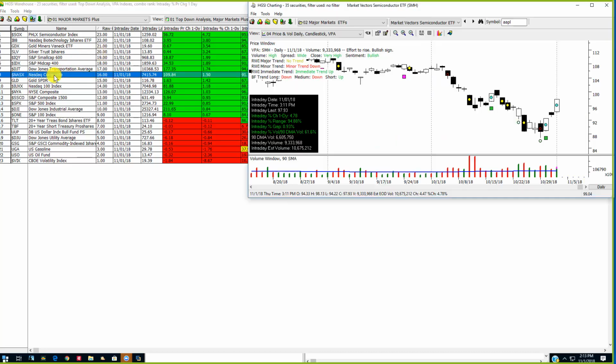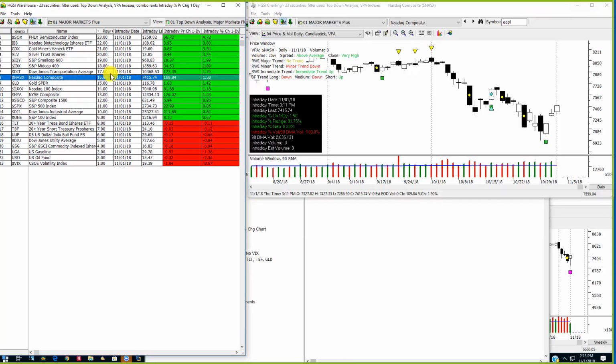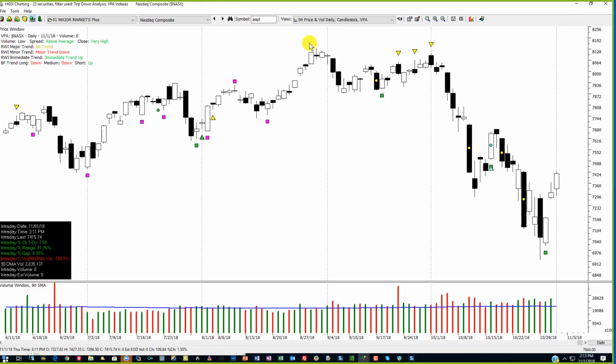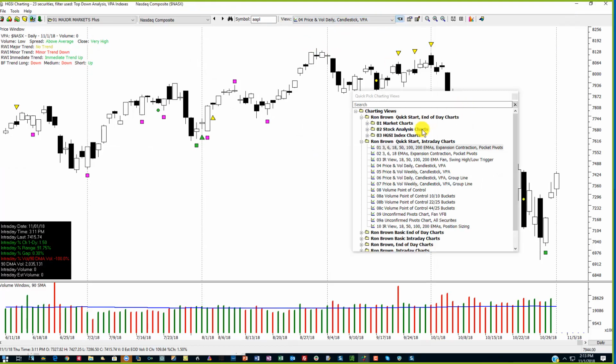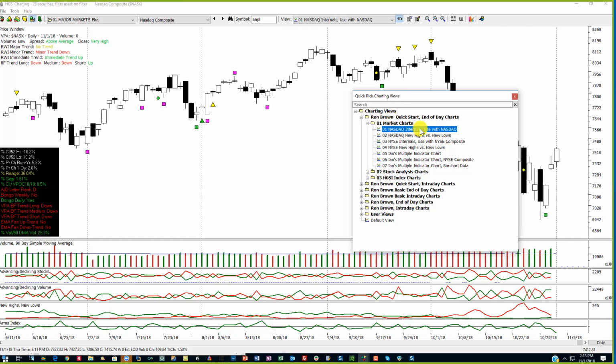Now, what I want to do is go into the Nasdaq Composite and show you the chart that I use at the end of the day, and I'll make this full screen. I tried to have these structured so they're somewhat logical. So on the quick start charts, this is the Nasdaq internals.